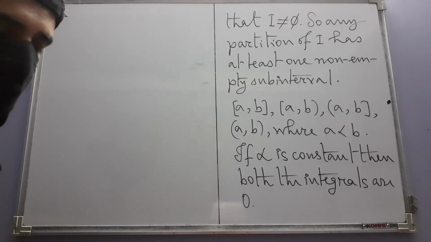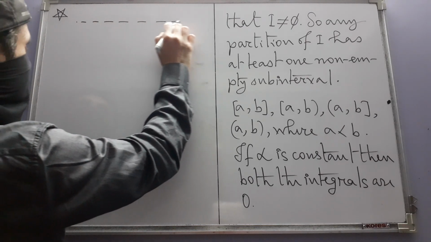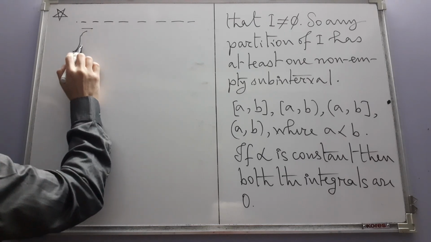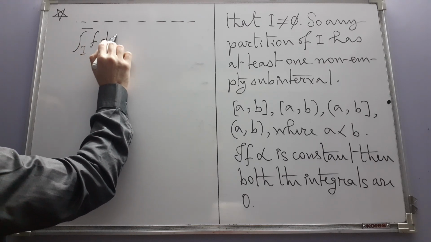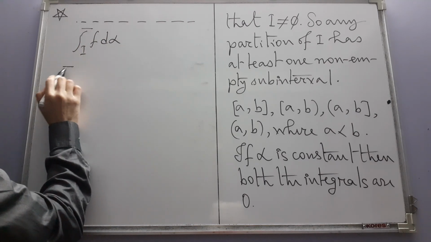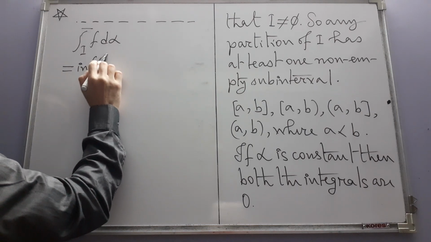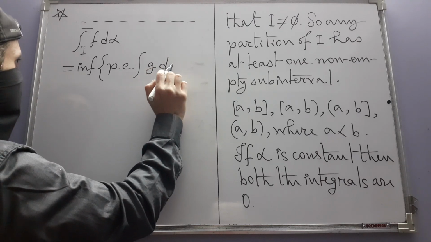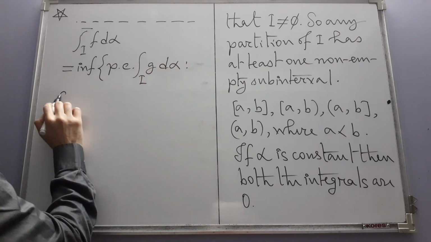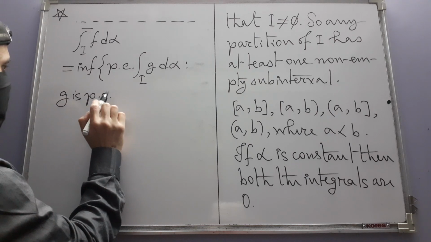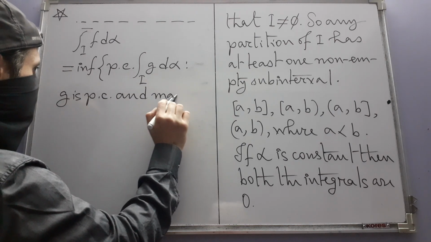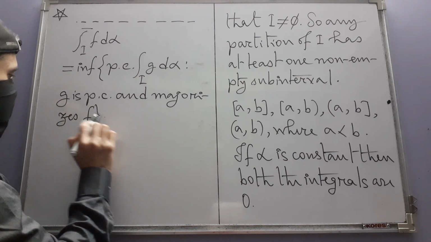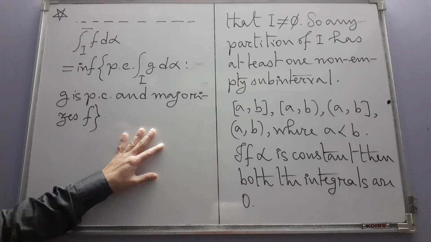This time, let me consider the upper Riemann-Stieltjes integral. The upper integral is, by definition, the infimum of PC integrals where G is PC and majorizes F. Now let's calculate this.